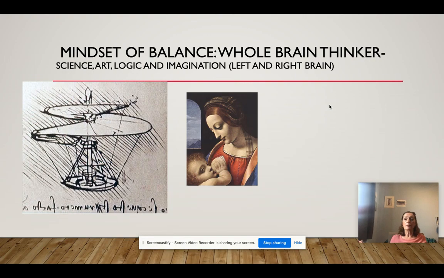So we want to encourage that right artsy emotional side and the left linear thinking side. So we want to encourage science, art, logic, and imagination. Leonardo da Vinci is a great example of someone who excelled at both, at art and math and science. And we can be encouraging our students to be great at both as well.